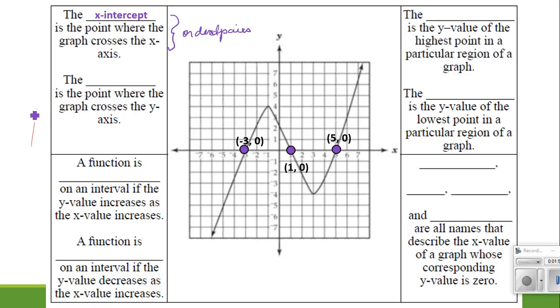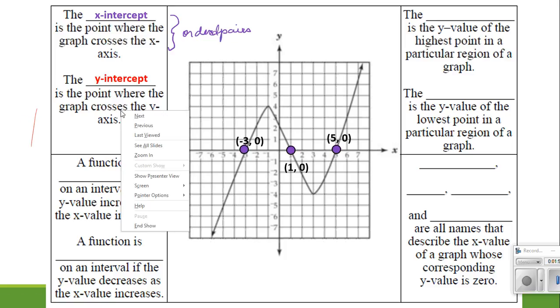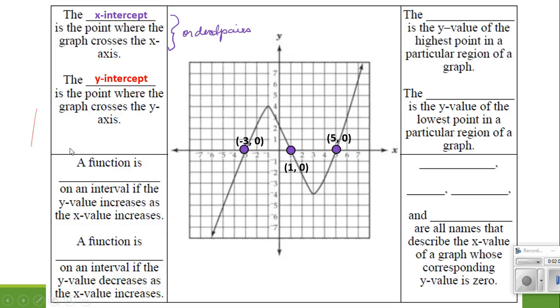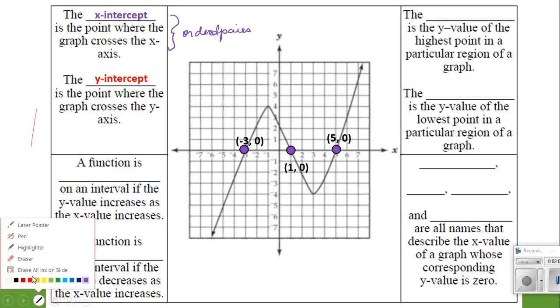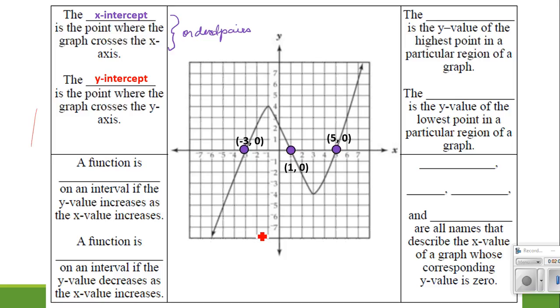All right, the y-intercept, which I'm going to go back to red, is the point on the graph where the graph crosses the y-axis. So there it is. There's where it crosses the y-axis. Therefore, that's the y-intercept.